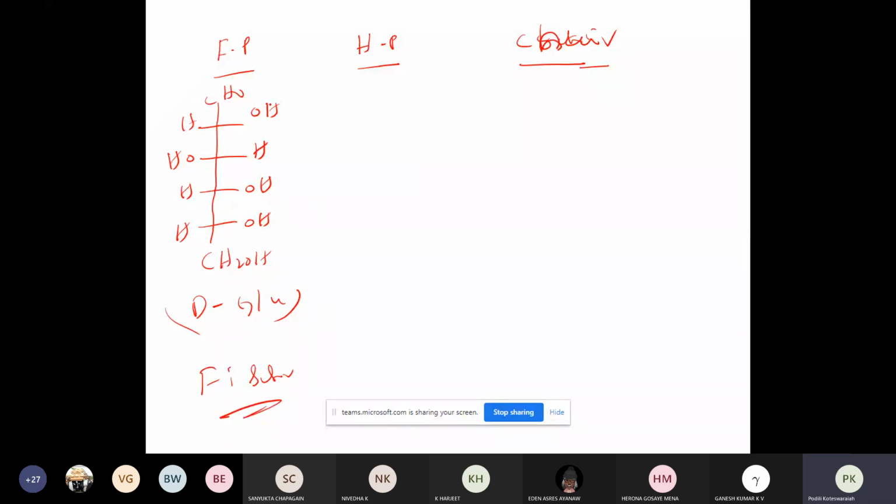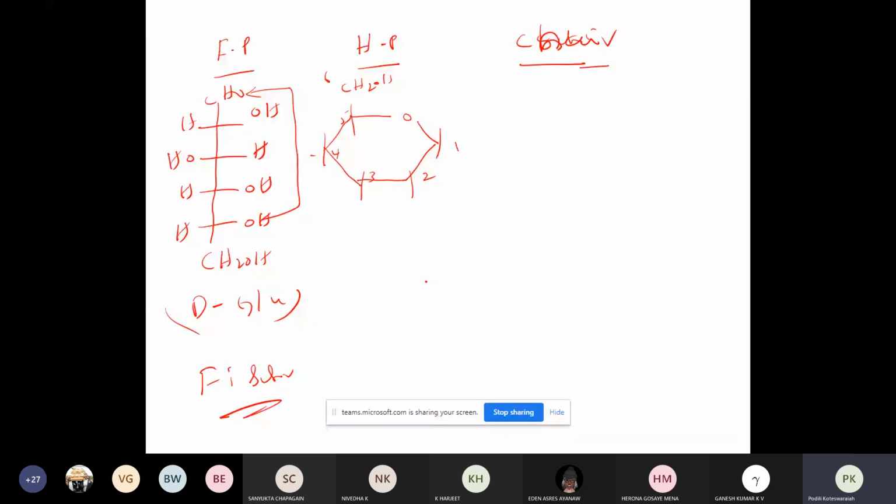When it cyclizes, as I already said, the cyclization is between the hydroxyl group on C5 and the carbonyl carbon. When it cyclizes, we represent the cyclic structure in the Haworth form. This is the cyclic structure of glucose, with carbons 1, 2, 3, 4, 5 and CH2OH, 6.